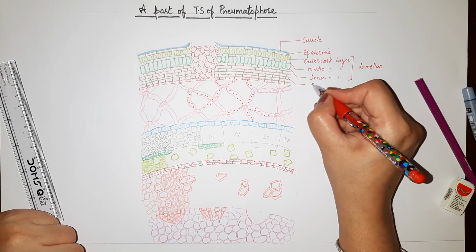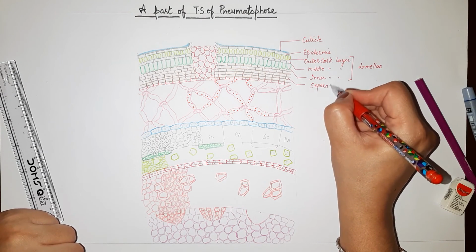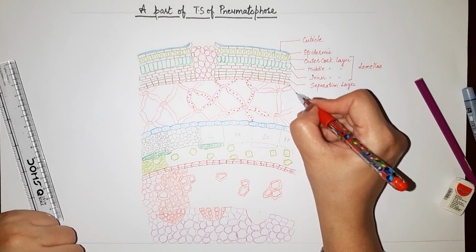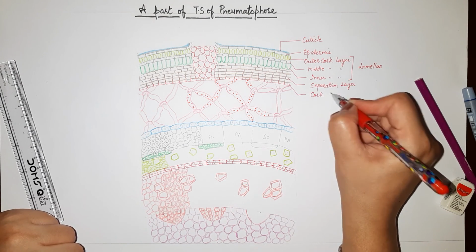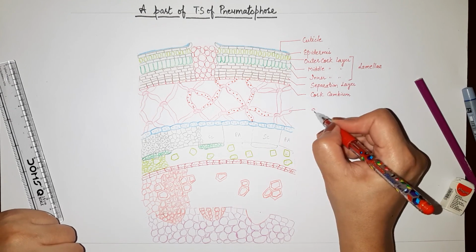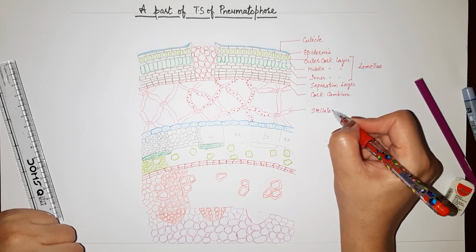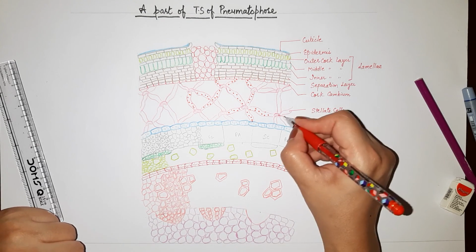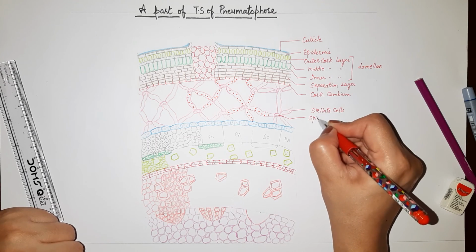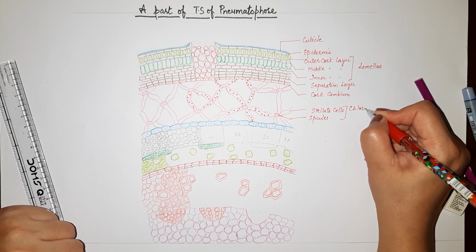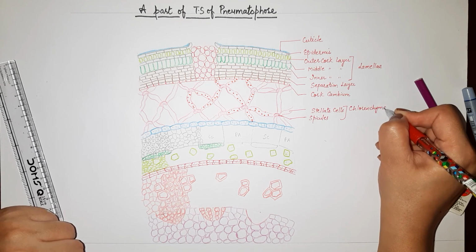Then we have separation layer, cork cambium, stellate cells, and spicules in chlorenchymatous cortex.